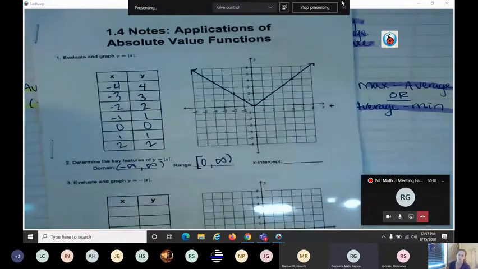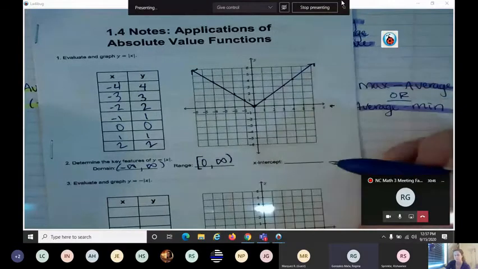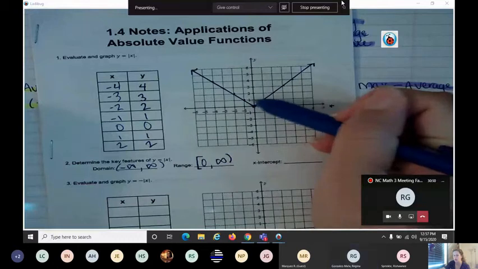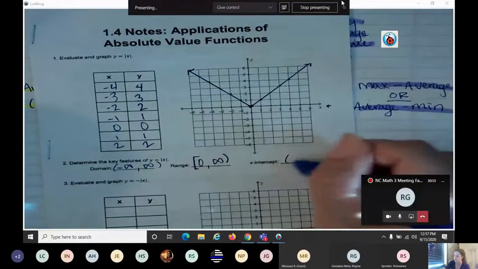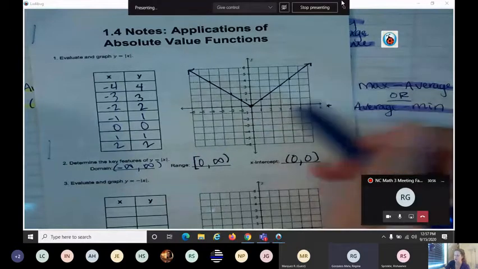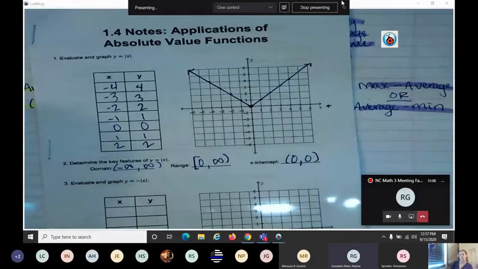Is it the middle part? Yeah, what value is this right here? Is it a 1? No, 1 is up here. So it's a 0. Yeah, it's at 0, 0. Because it's at 0 on the x and 0 on the y. Okay. Perfect. Thank you.